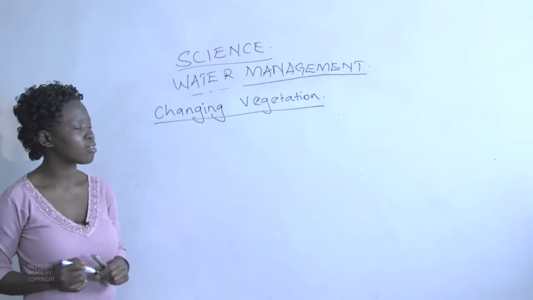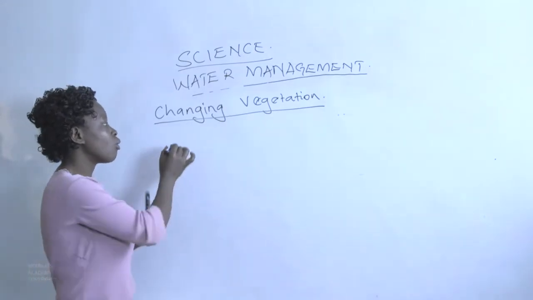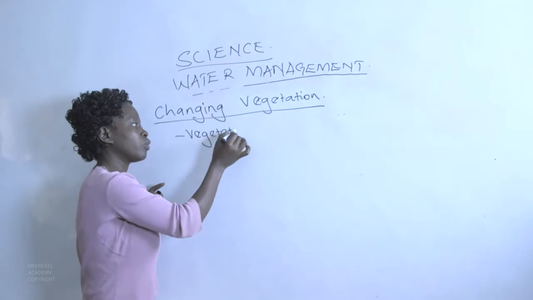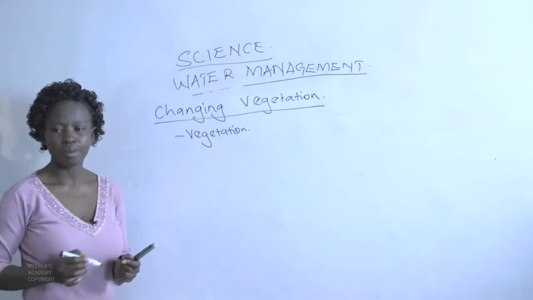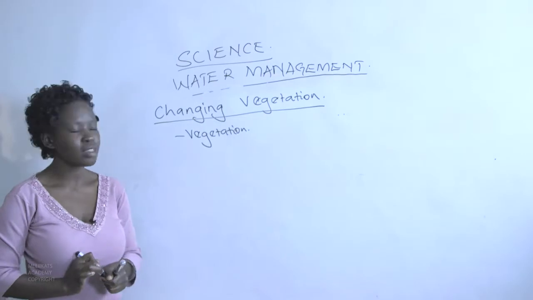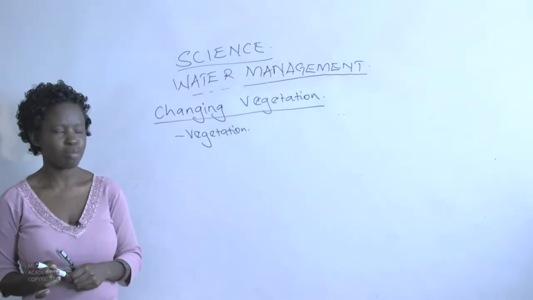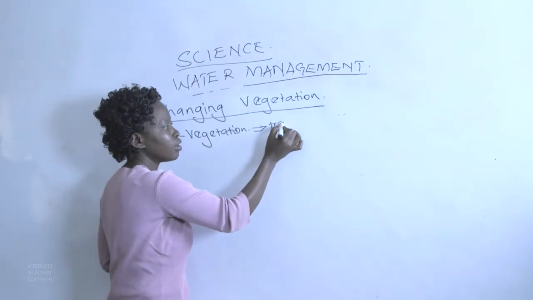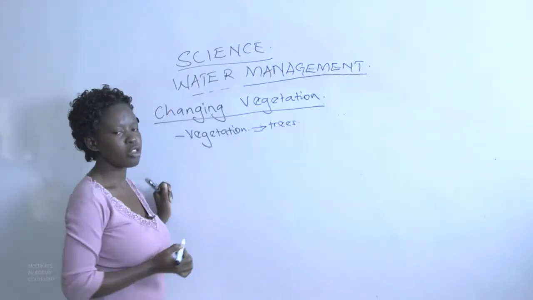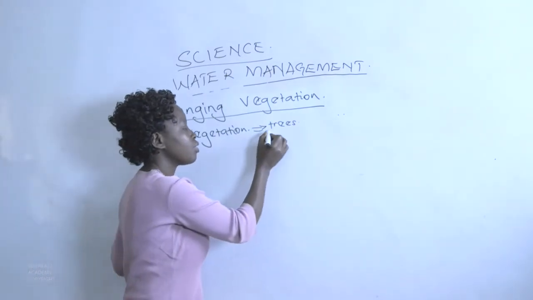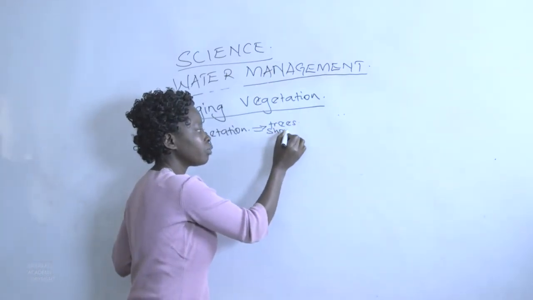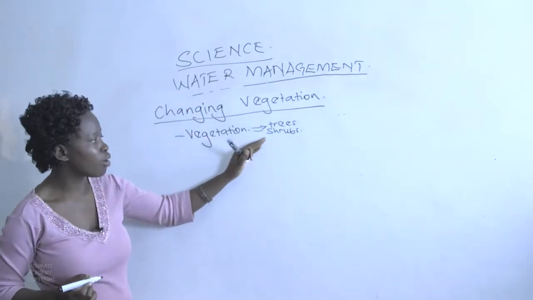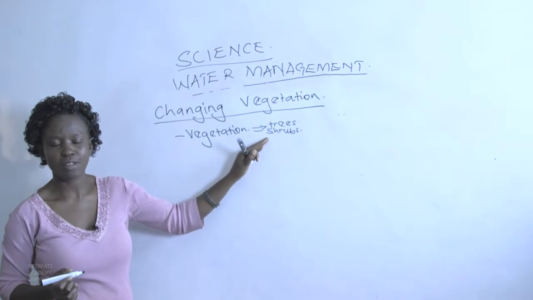And one of the factors that was affecting the water cycle was vegetation. And we looked at vegetation, and the vegetations are of different types. We have those vegetations that are tall, like trees. We have vegetations that are short, like the shrubs, and so on. So it depends on which type of vegetation is available in that given region.